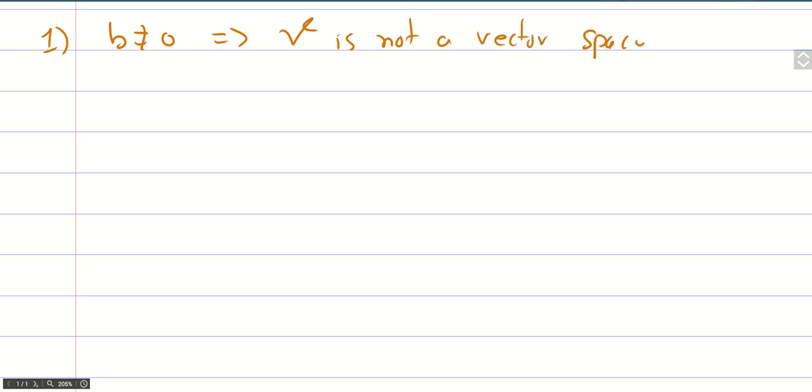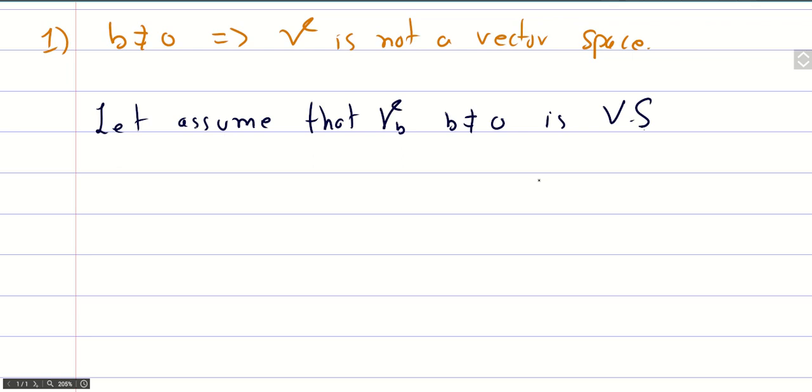Let's start with the first claim, that if b is different from 0, then V of b is not a vector space. How to prove this? Let's assume that V of b with b different from 0 is a vector space.